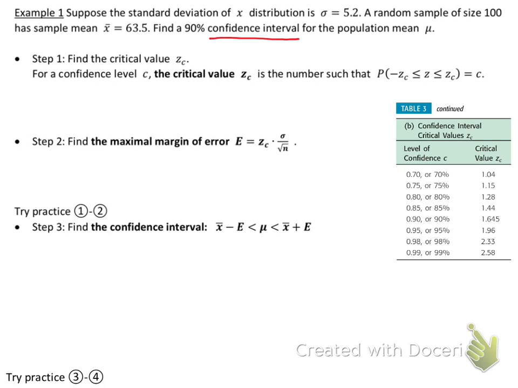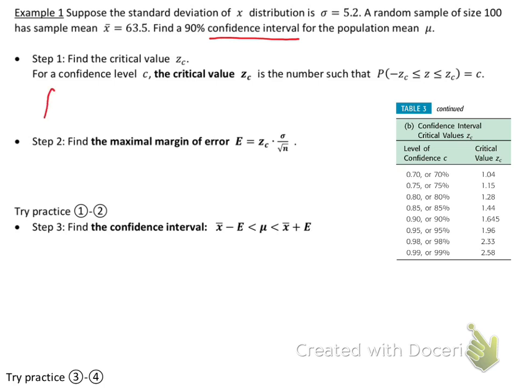First step, we are going to find the critical value ZC. For the critical value ZC, you are not going to really compute it. You could, you learned how to do it, but this is the quicker way. You have the table.